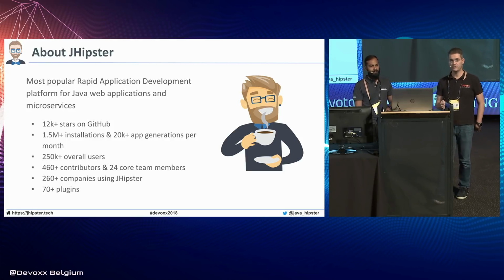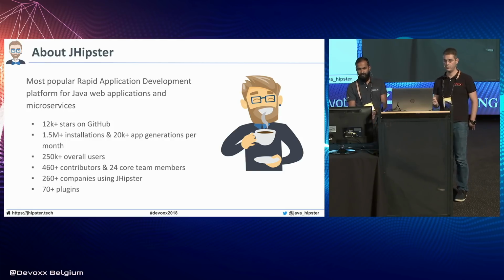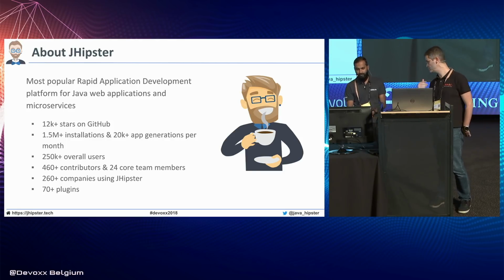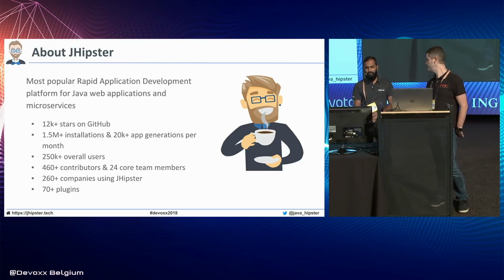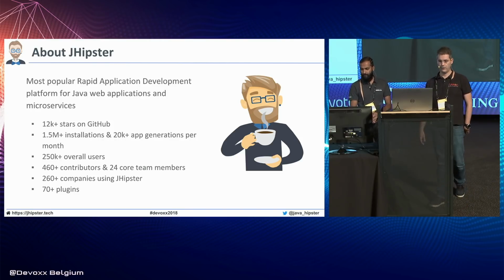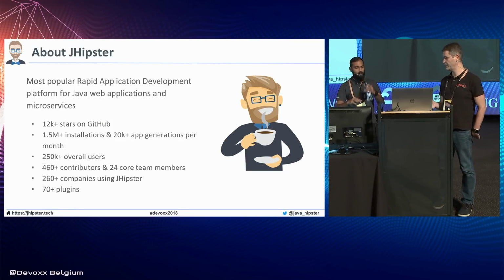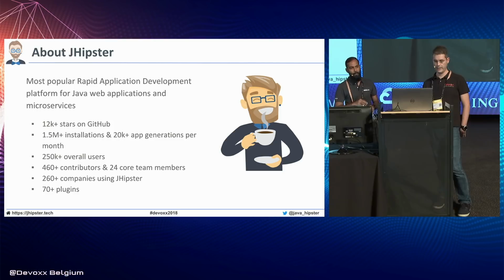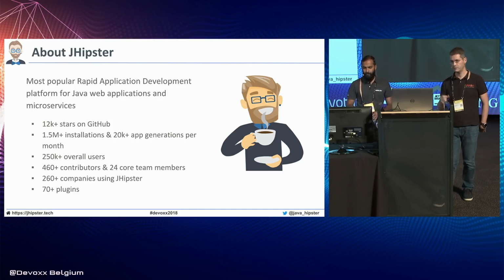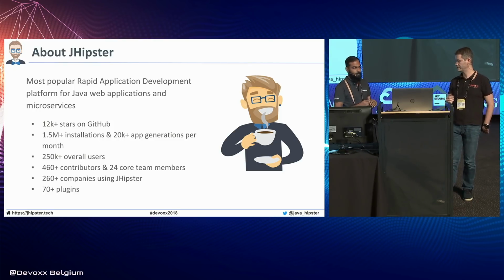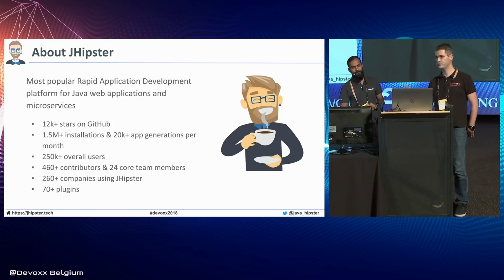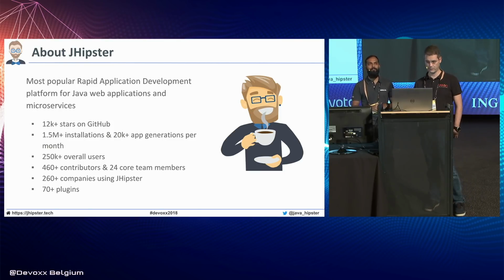We've got nearly 500 contributors and now 24 core team members, so people like us who have write access to the main repositories. Officially, we've got nearly 300 companies using JHipster, so it's highly popular amongst companies also. And we have 70 plugins, so we will talk a little bit more about that later. That's what is called modules or blueprints in JHipster.